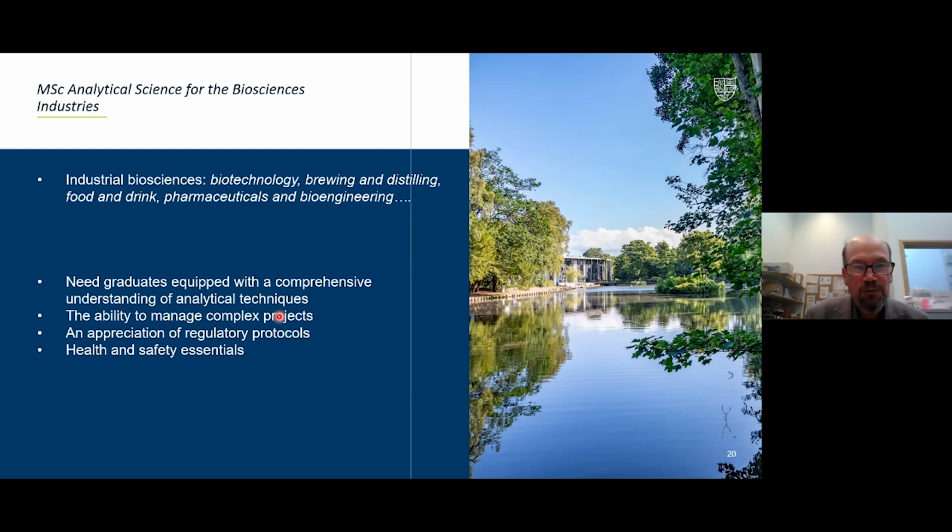And one of the things that we've discovered through conversations with our industrial friends is that there are skills gaps in traditional analytical science. In other words, people that want to move into working in these areas in analytical science labs really do need to have a full knowledge and toolkit of analytical science, the techniques and technologies involved in order to be able to operate effectively in that area.